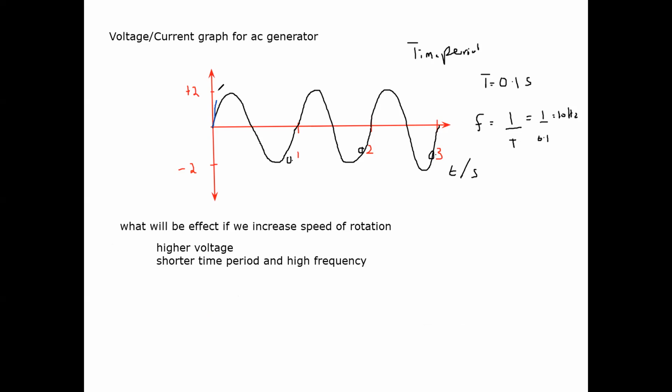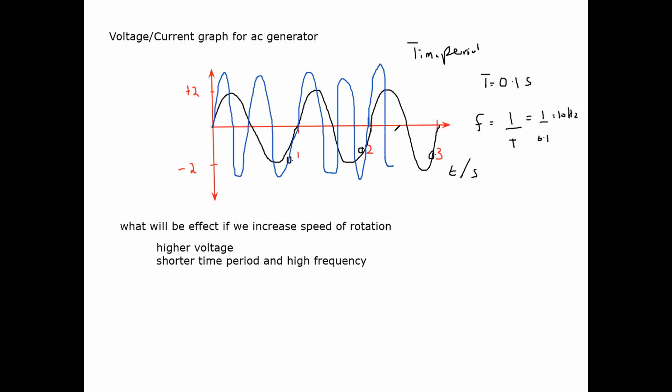So what happened? The induced EMF is higher, and it will have more vibrations. So induced EMF increases and the number of vibrations will also increase. So it will affect both things.